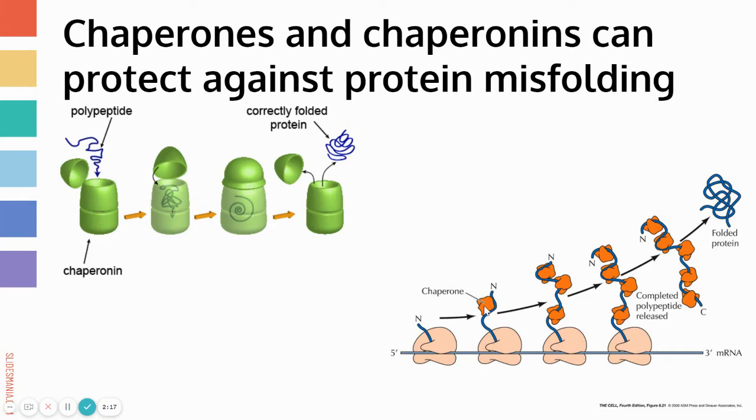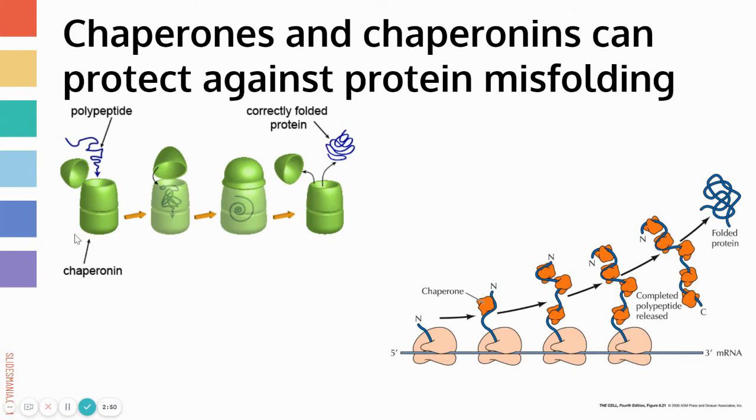So chaperones are smaller molecules that attach onto newly formed polypeptides and just hold them until everything's made. That way the protein is able to fold correctly once the whole thing is created by the ribosome. And then chaperonins are barrel-like structures that open up on the top, and polypeptides are able to go inside of them to get a safe environment where they're protected against any negative influences that might be hanging out in the cytoplasm.